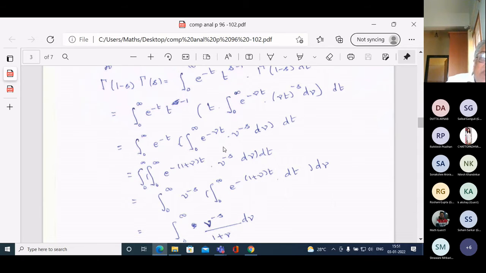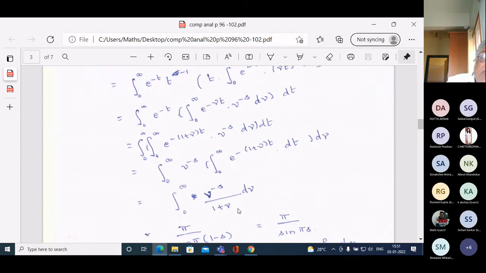And obviously when you come to this, you interchange the two integrals. So you get e to the minus nu plus 1 t, nu to the minus s d nu dt. Interchange the integral, e to the minus 1 plus nu t integrates to 1 over 1 plus nu, from 0 to infinity.